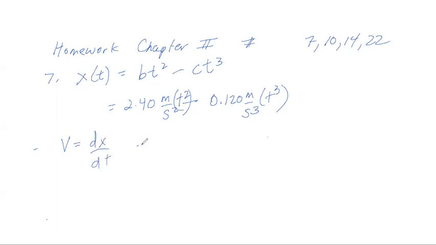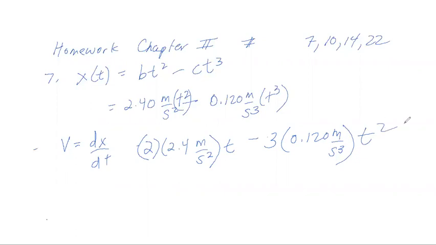So that's going to be equal to 2 times 2.4 meters per second squared times t minus 3 times 0.120 meters per second cubed times t squared. So we're going to get at t equals 0, v equals 0.